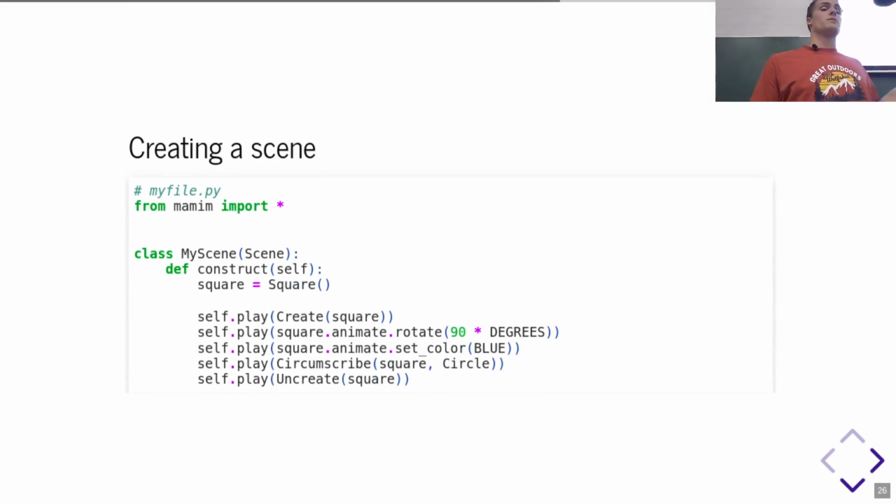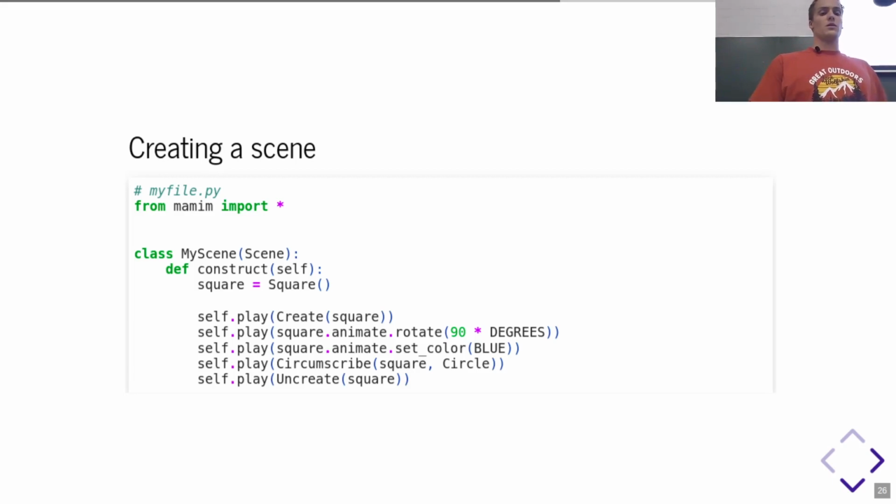Then, once you have Manim installed, you can start creating scenes. I will go a bit more into detail than in the previous scene. You have to create a file, of course, a Python file, which is here called myfile. And then you have to import everything from Manim. People might argue that it's not very common to import everything from a Python module.